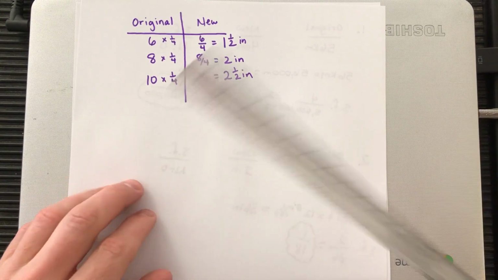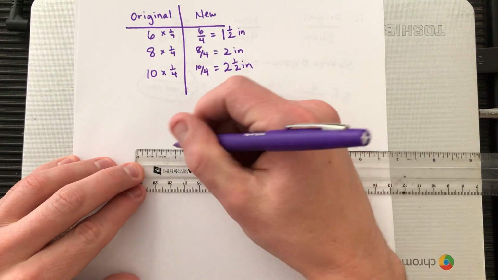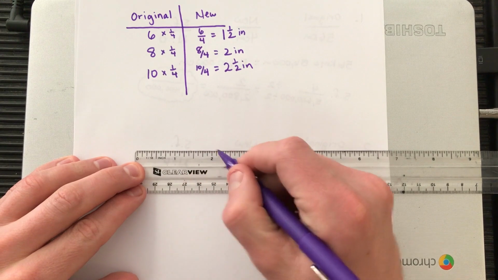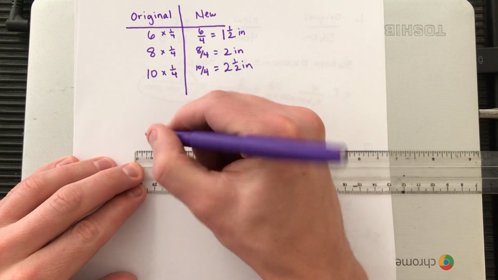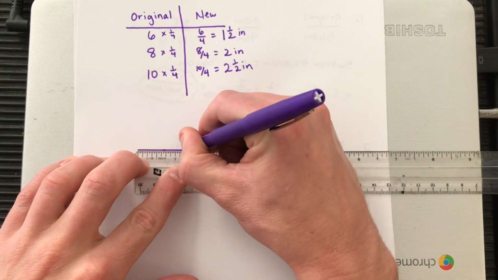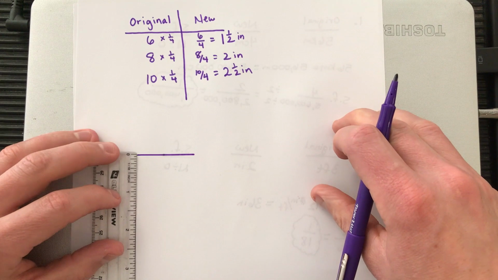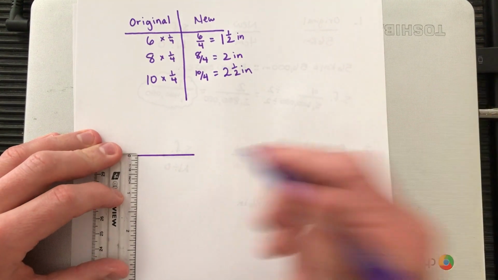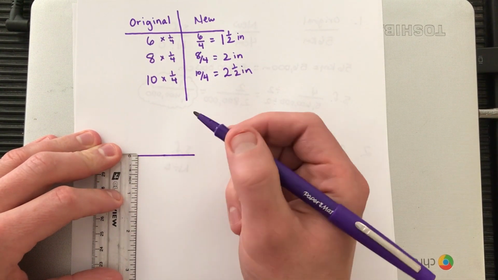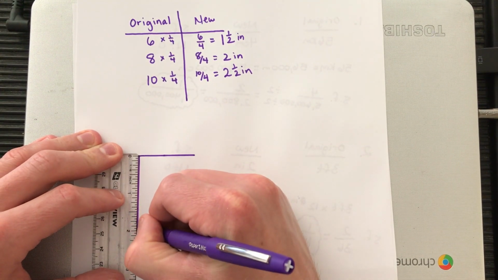And so to finish this problem, you would just draw a right triangle that has a base of 1.5 inches. Oops, I almost used the centimeter side. Remember, the inches side is the side with the bigger spaces between the numbers. So let's see here. 1.5, about like that. 2 inches for the height. So I'll line my 0 line up right with the line that I just made. I'll try to make a 90-degree angle. Probably won't be perfect, but 2 inches.